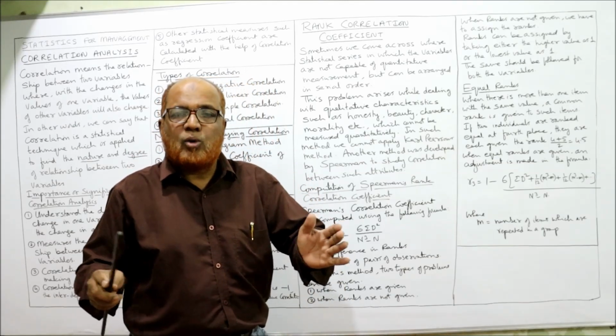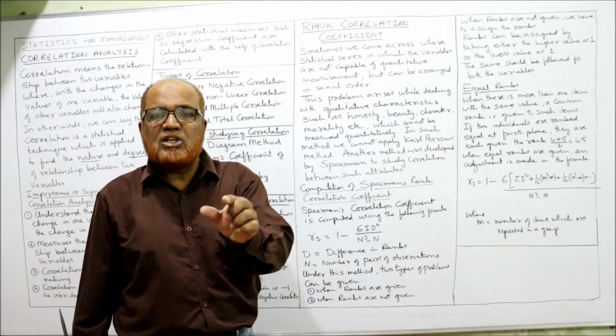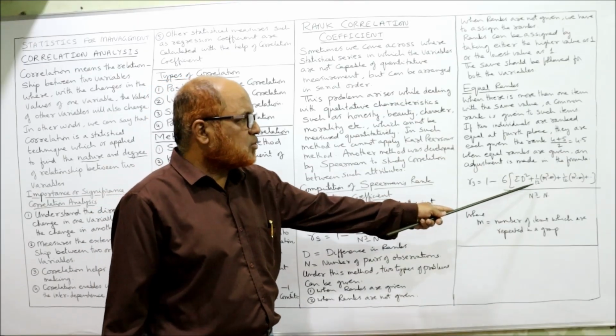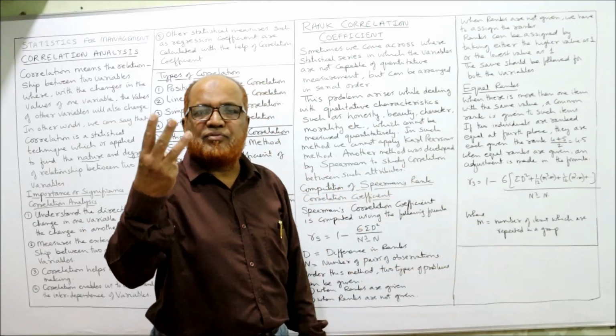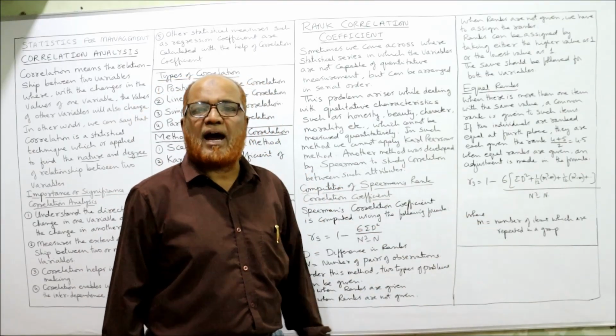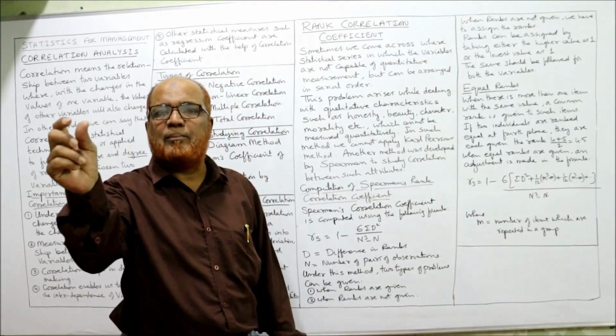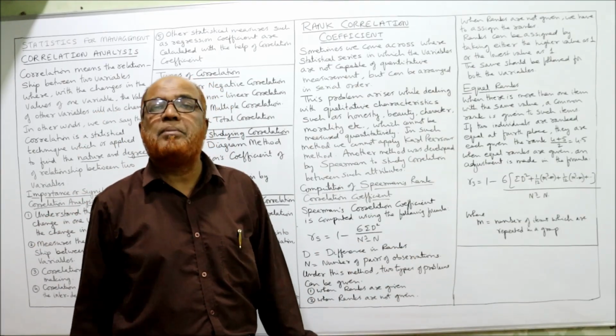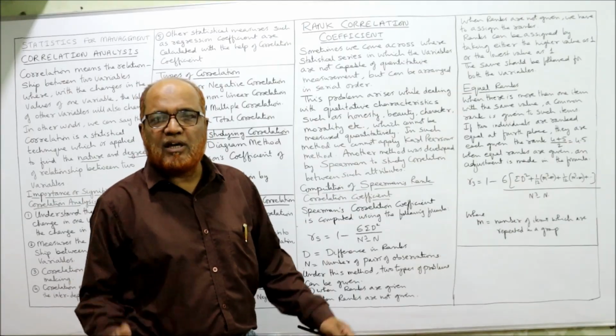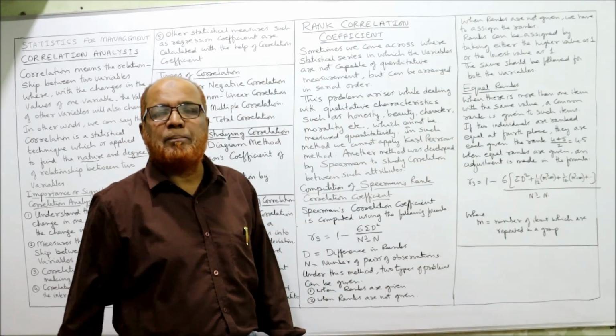It depends on how many groups we have. For each group we have to add 1 by 12 (m cube minus m) once. If two groups are there, we add it 2 times. If 3 groups are there, we add the constant 1 by 12 (m cube minus m) 3 times. Here m stands for how many times the item is repeated in a group.